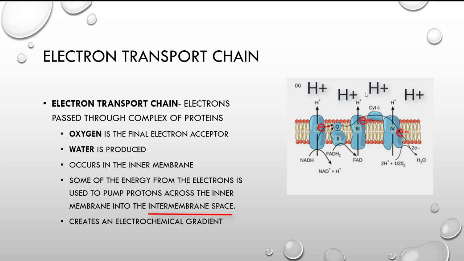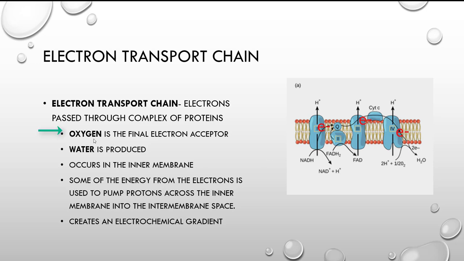Okay. So think about that. For now, just imagine a bunch of hydrogen ions, or H+, on this side. Now what about all those electrons? So now we have all these electrons passing through. The final electron acceptor that's going to accept those electrons is oxygen.